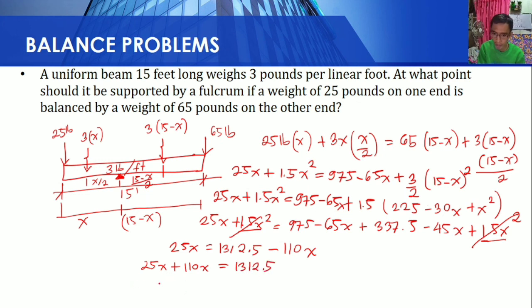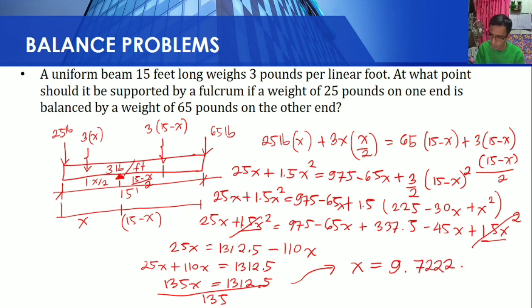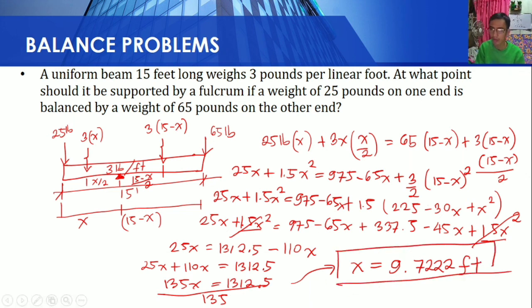Therefore, 135x is equal to 1312.5. So, divide both sides by 135. Therefore, x will be 9.7222 feet. So, ito yung magiging distance ng fulcrum natin from the end of the beam.